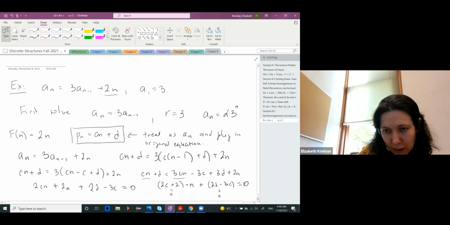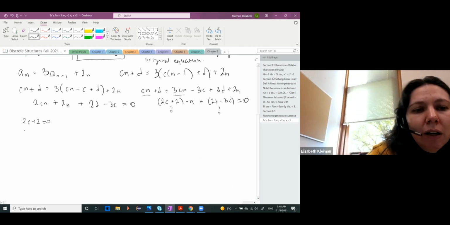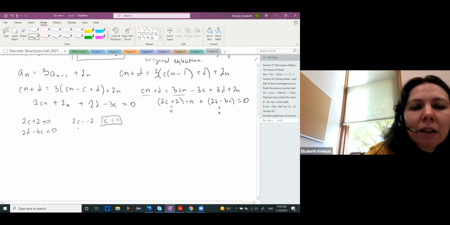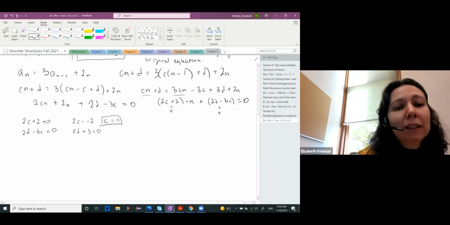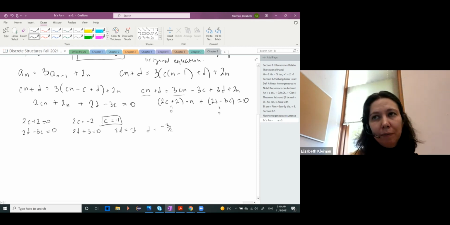So we have two equations with two unknowns: 2C plus 2 equals 0 and 2D minus 3C equals 0. 2C equal to negative 2, so C equal to negative 1, and then plug in: 2D plus 3 equals 0. I plugged negative 1 in instead of C. So we have 2D equal to negative 3, and D is equal to negative 3 over 2.